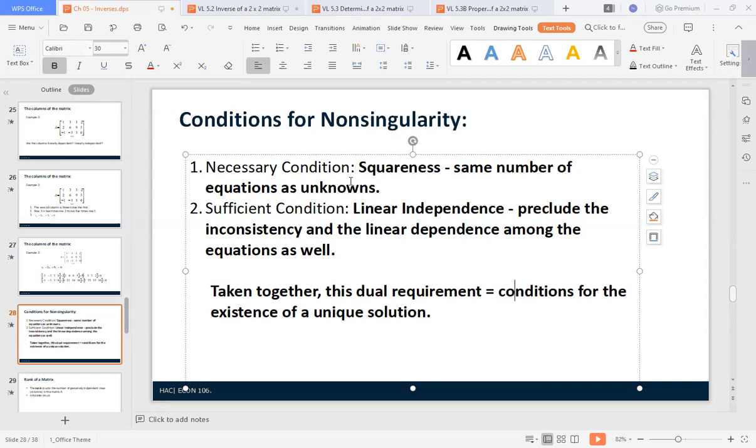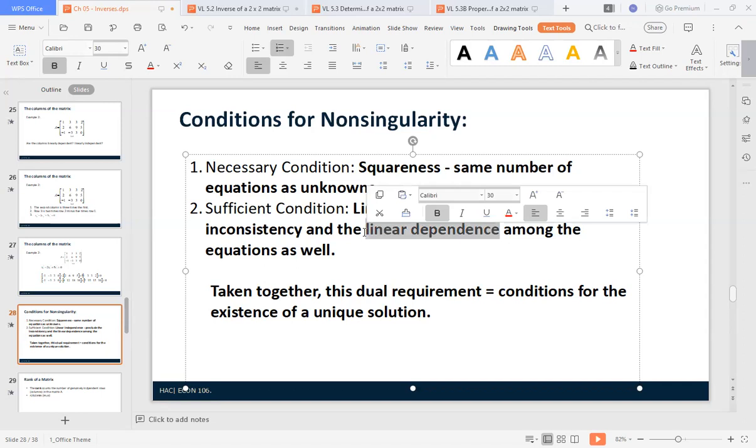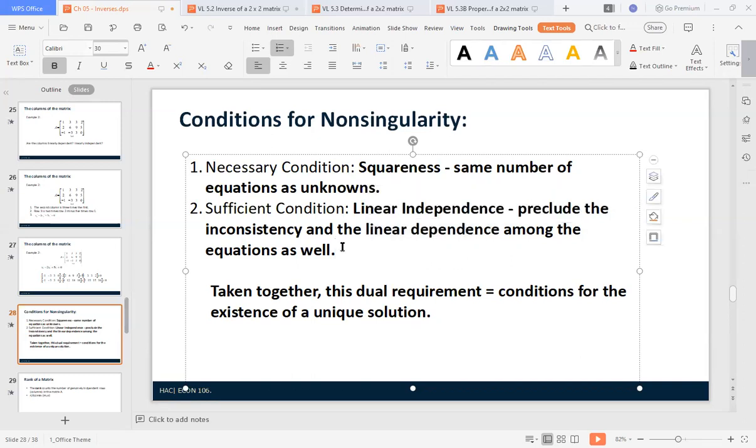So that precludes the inconsistency and the linear dependence among the equations as well.